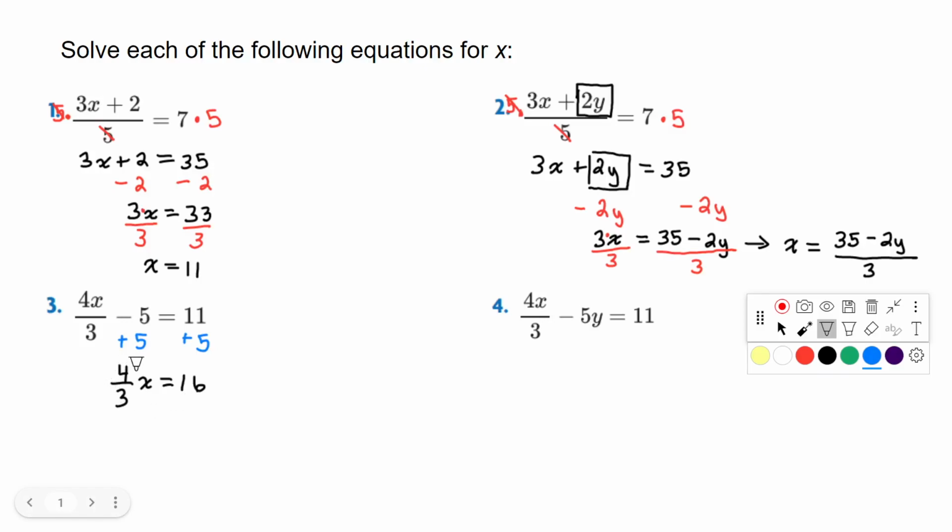I can multiply 4/3 times its multiplicative inverse, also known as its reciprocal, 3/4. 3 times 4 is 12, 4 times 3 is 12. That simplifies to 1, which is really the number we want to get in front of our variable. So I'm going to multiply the 16 by 3/4 as well.